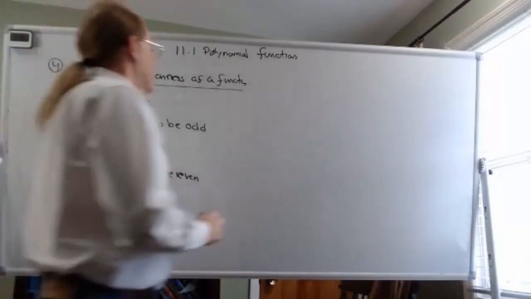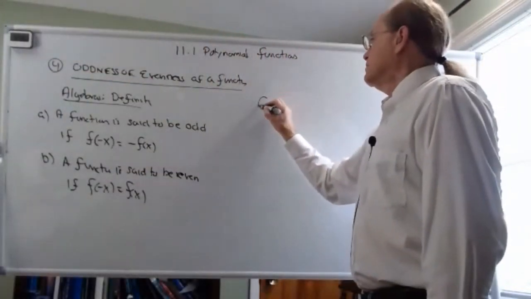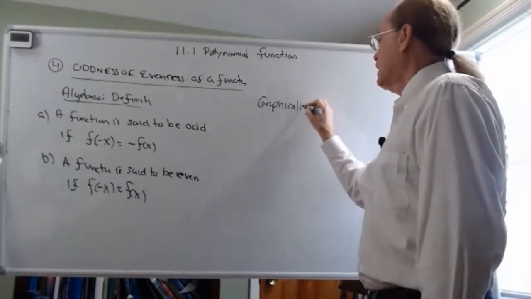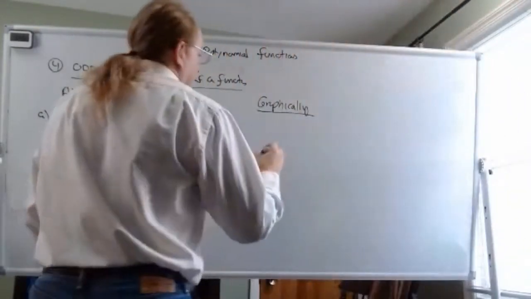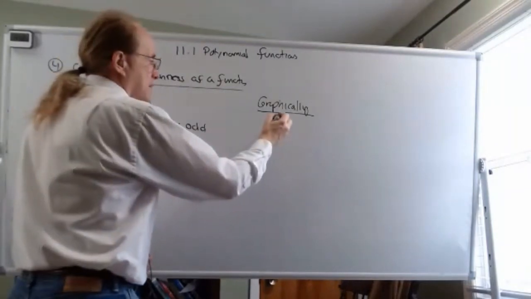Now, if you're looking at what this means graphically, this is what it looks like graphically. Here's an example of a function that is odd.